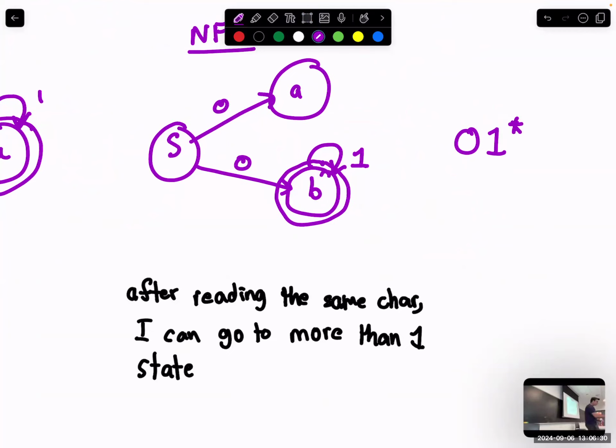If I take in the string 0 1, let's say, for whatever reason, I'm at the start state and I choose to read in a 0. I can go here if I want. But if I go here, there's no transition defined after reading the 1, correct? So I've read my 0. If I try to read a 1, I can't go anywhere.